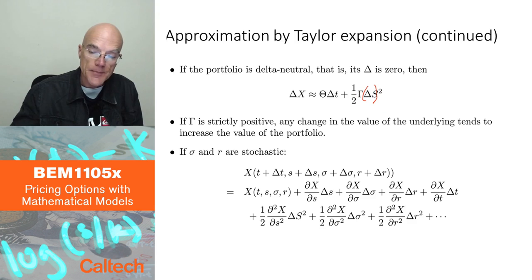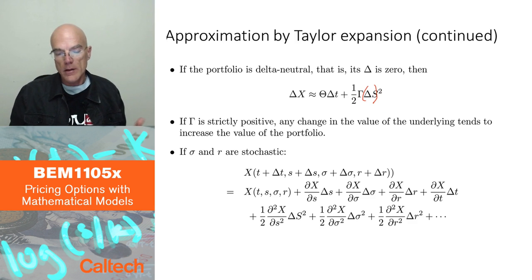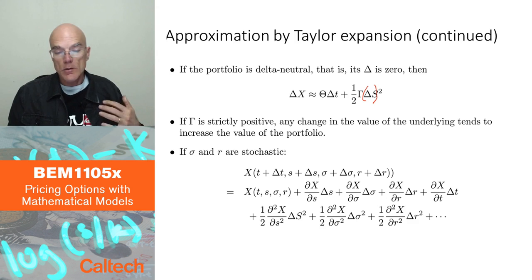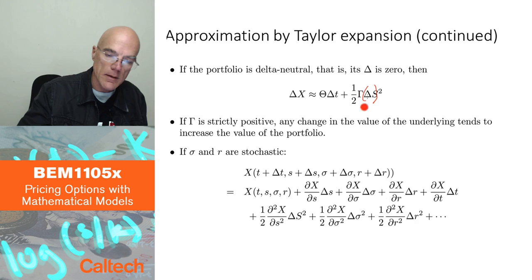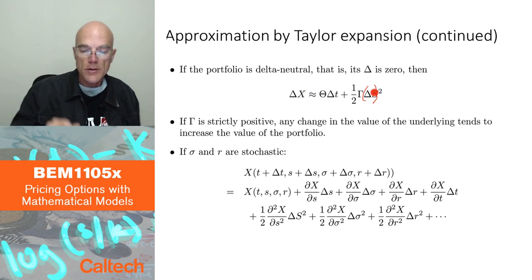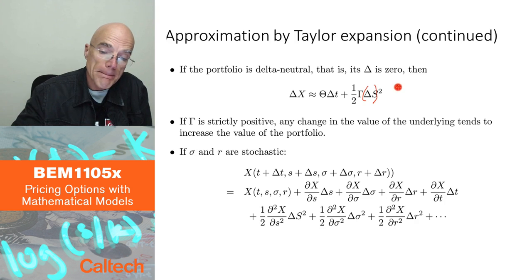So in this sense, when you're trading options or whatever your portfolio has, it's good to have positive gamma, because the second term will be positive and your change in portfolio value will have an extra positive term. Assuming that theta delta t doesn't change much, if you can change gamma to be positive, that's good for you. Approximately, it doesn't have to be. This is only an approximation, and in the same sense, it's bad to have gamma negative.